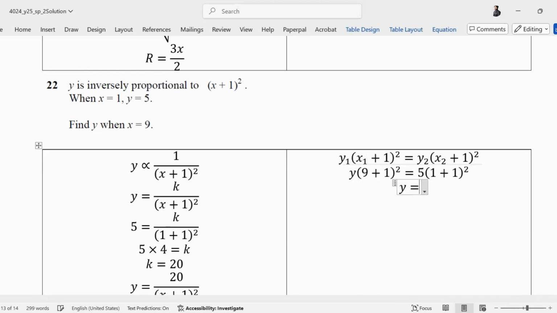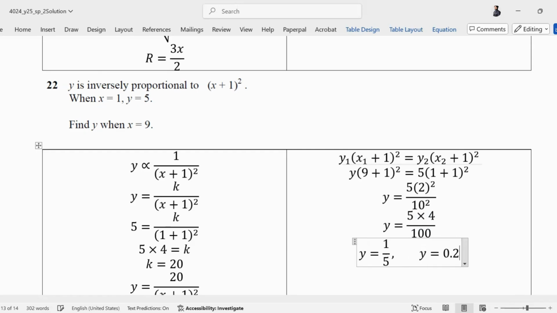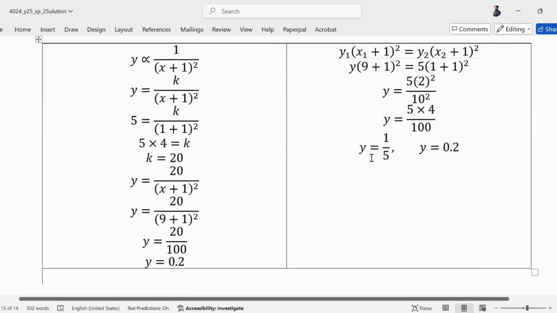So y will be equal to 5 into 2 square upon 10 square, because it's multiplying on the left side; when it comes to the right, it will divide. So this is again 5 into 4 upon 100. You can simplify: 1 upon 5 is your answer, or you can write it as 0.2. So these are the two ways of figuring out the values.